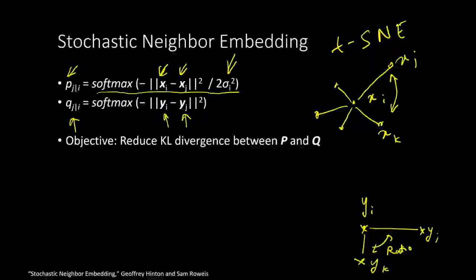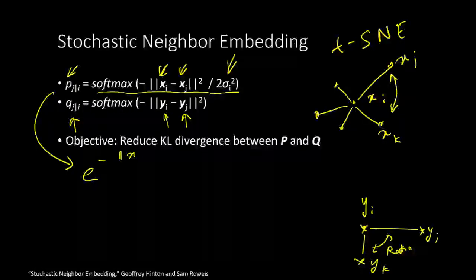So P of j given i is going to be large when xi and xj are a small distance apart, and vice versa. So what is this softmax? Basically this is going to be e to the power minus the norm of xi minus xj squared, divided by 2 sigma square.